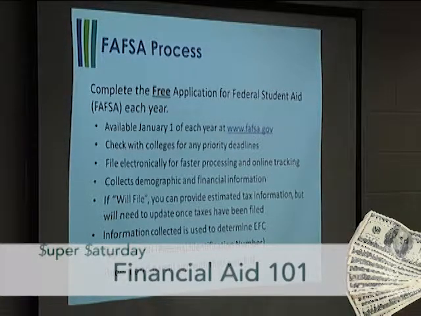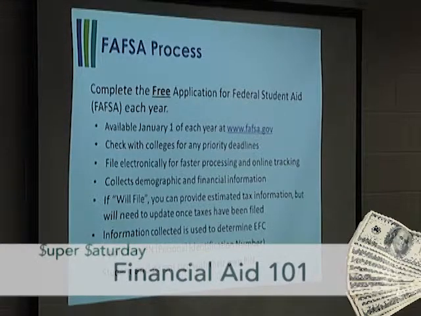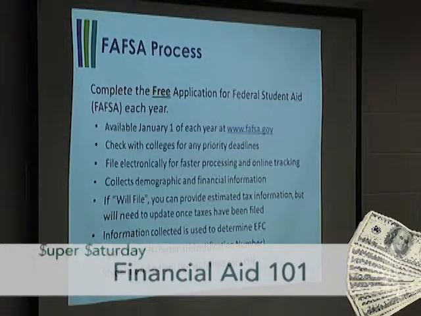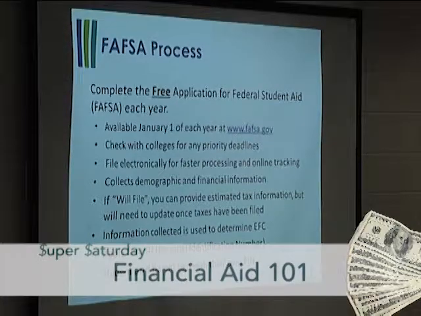For FAFSA, it's very important to complete the FAFSA form. If you have not already done so and you're a senior or parent, if you're here and you're coming to school, it's important that everybody completes a FAFSA form for every college student in your family. Okay? It does make a difference. They do take into consideration how many people in your family are in school at one time.